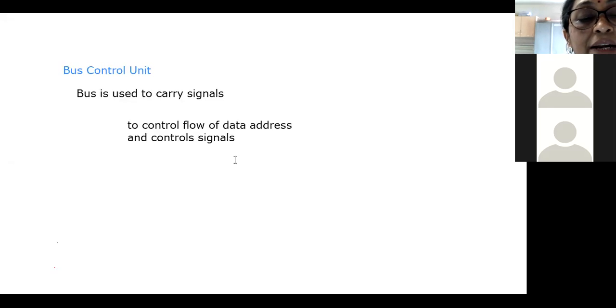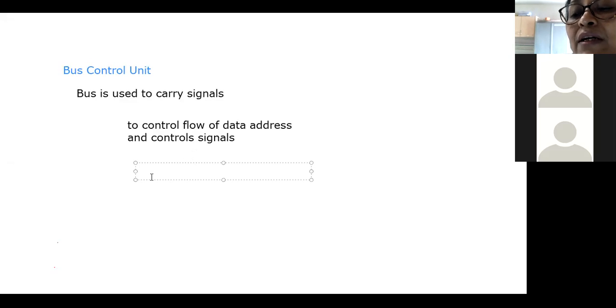So what is the second function of the bus control unit? Tell me. The first function is to control the flow of data, address and control signals.